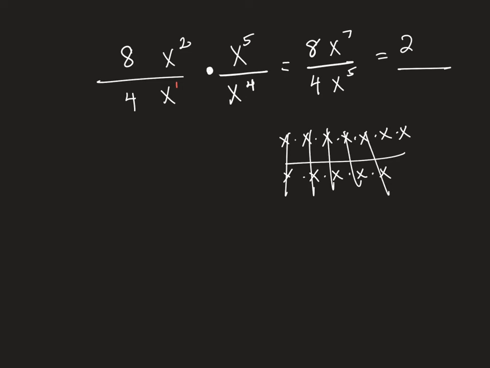You would be left with 2 x's in the numerator, so x squared. And then I am just left with nothing in the denominator. I simplified out the 4, and I simplified out the x's. So your final answer would just be 2x squared.